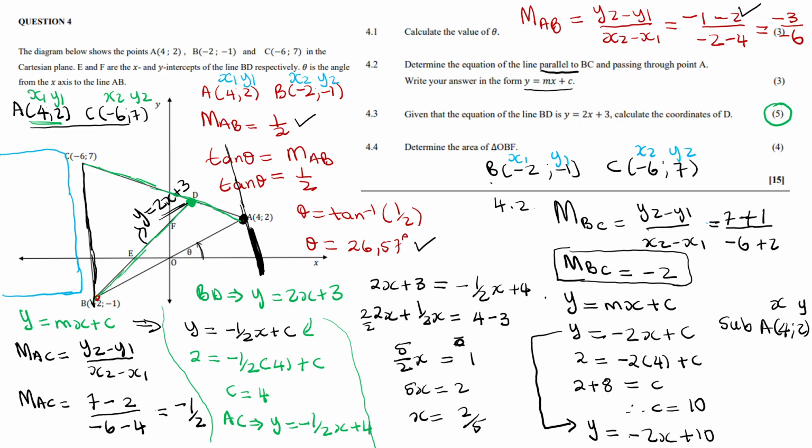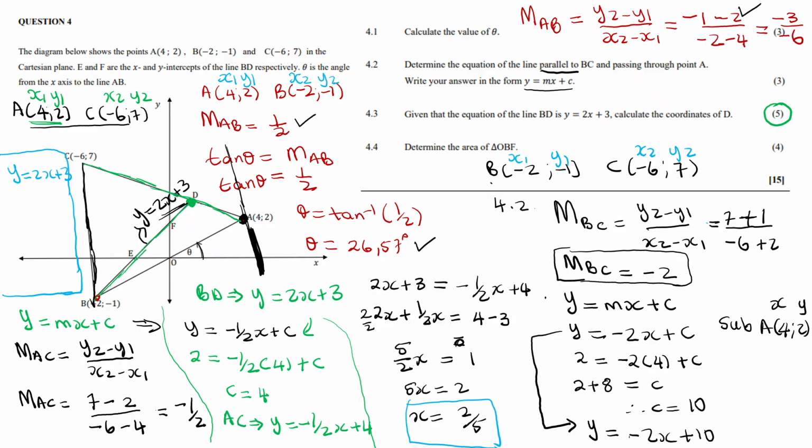Okay, so now that we have x equal to 2 over 5, I need to substitute this into one of the equations to find the corresponding y value. I can use the equation y equals 2x plus 3.